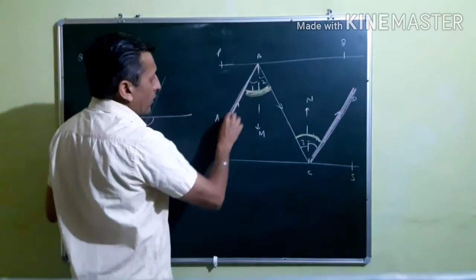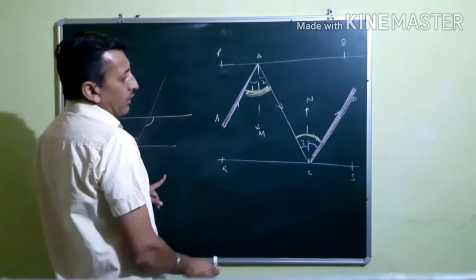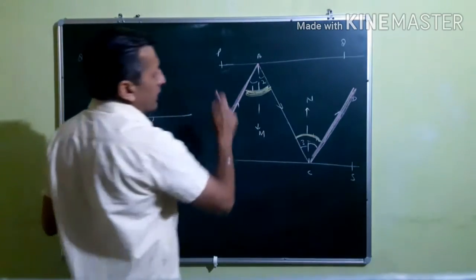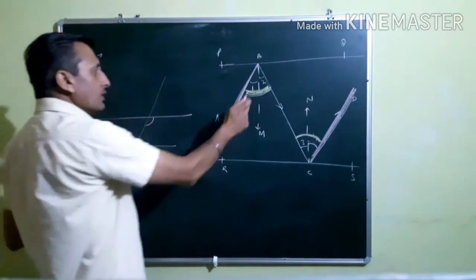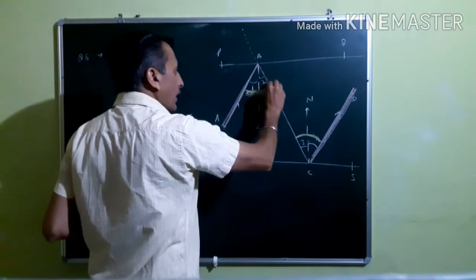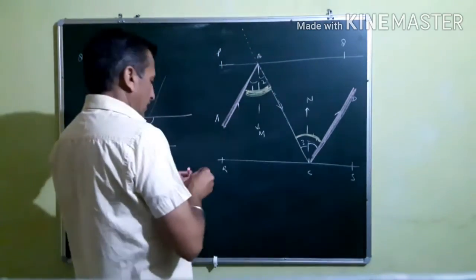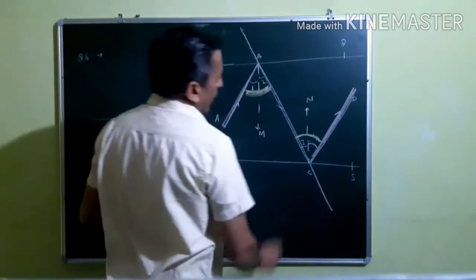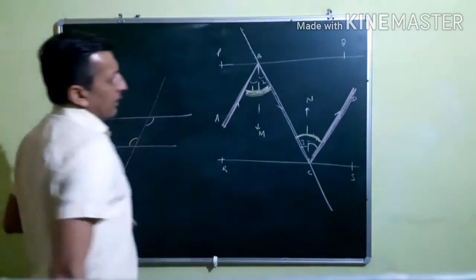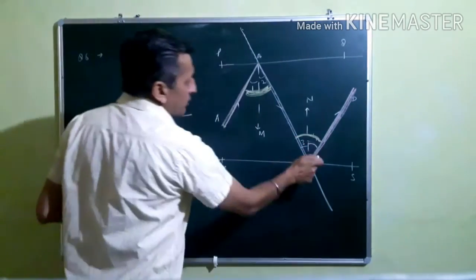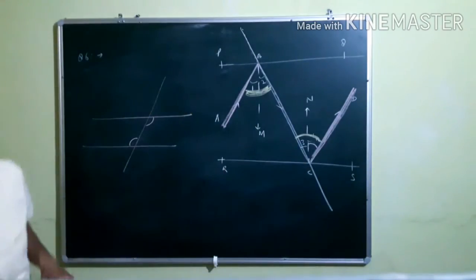We have to show that these two lines are parallel. This white one is your transversal. If alternate interior angles are equal, naturally AB is parallel to CD. So I am going to use this concept here.